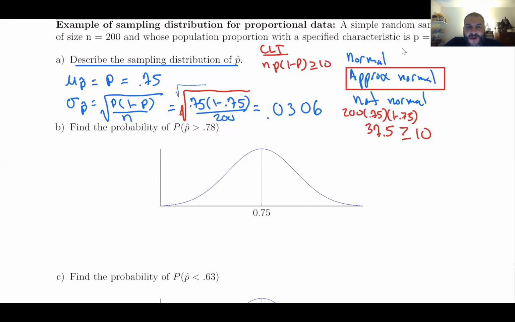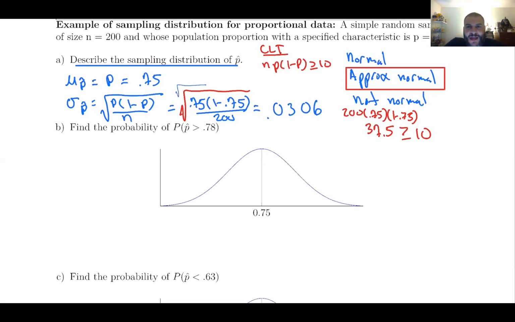Lastly, using the central limit theorem, we checked whether we have a large sample size: n is 200, p is 0.75, times 1 minus 0.75. We got 37.5, which is indeed greater than or equal to 10. So we said our distribution was normal.